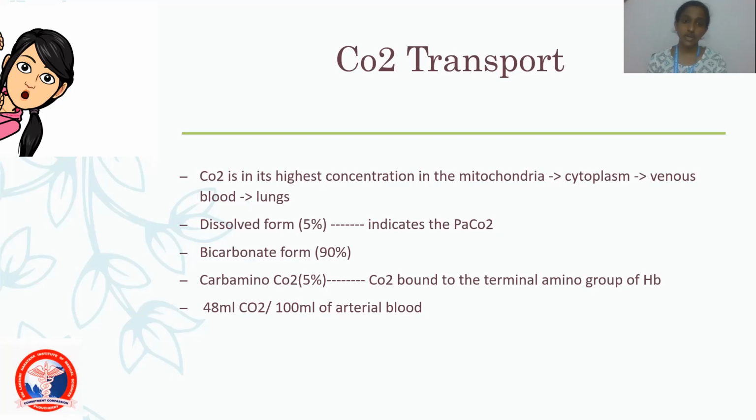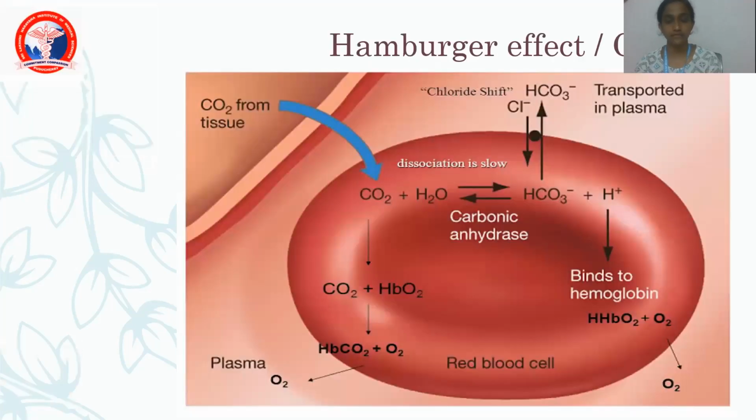Like we saw with oxygen, there are similarly forms of carbon dioxide transport. The dissolved form is around 5%. The hemoglobin bound form is only 5% here, whereas the bicarbonate form makes up the majority, about 90% of carbon dioxide carried in the blood.